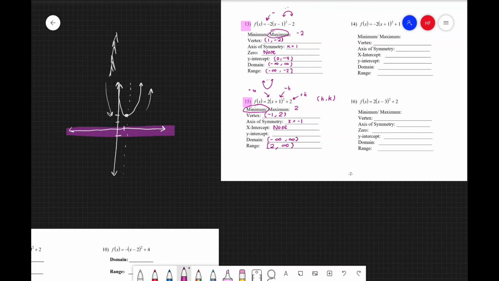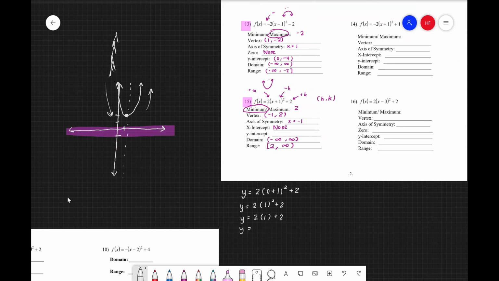And then for my y-intercept, that's where we're going to plug in a 0 for x. So we have y equals 2 times (0 plus 1) squared plus 2. Y equals 2 times 1 squared, because 0 plus 1 is just 1, plus 2. 1 squared is 1, so 2 times 1 plus 2.